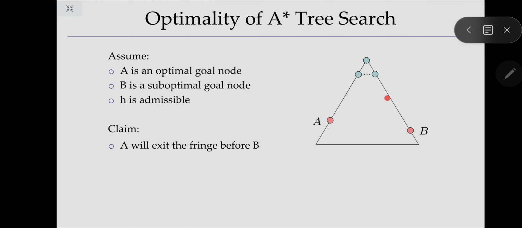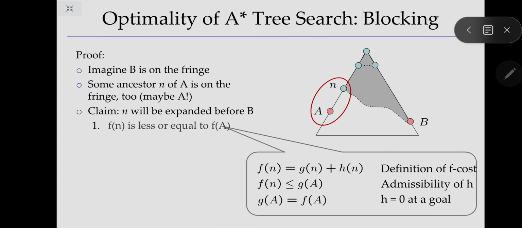We define some fringe based on our strategy. In this example, this is our fringe. As you see in the fringe, we search some nodes to find the optimal solution.